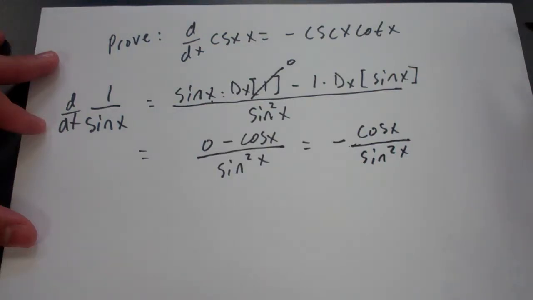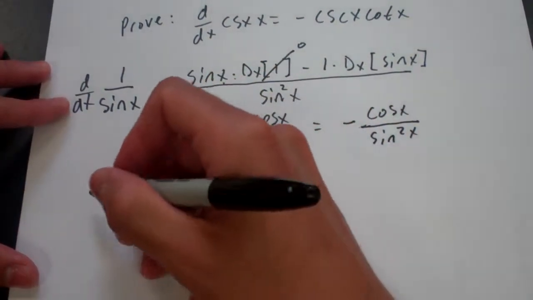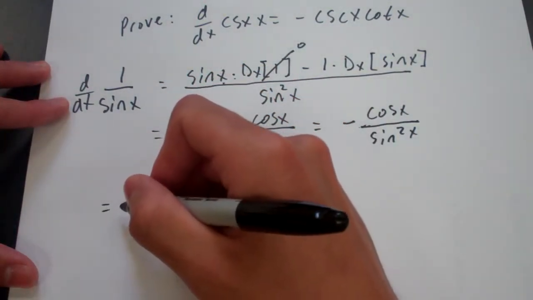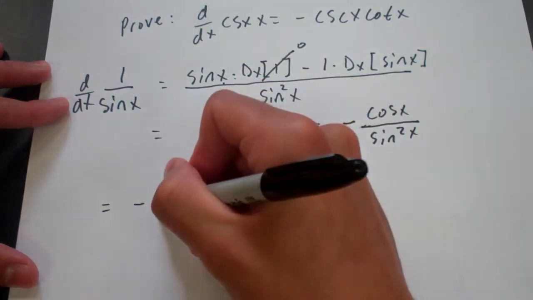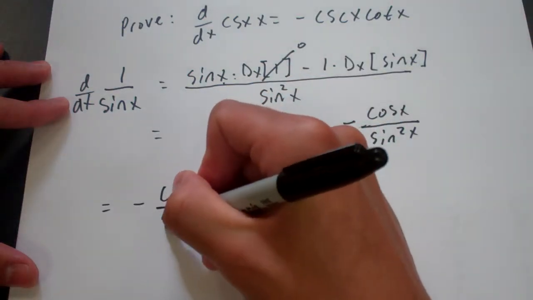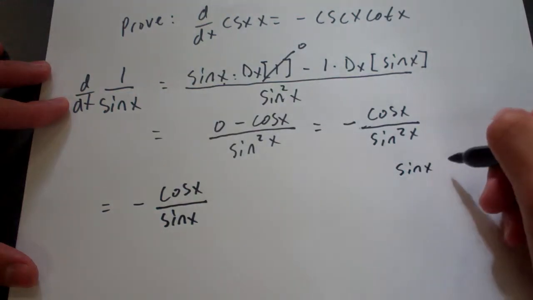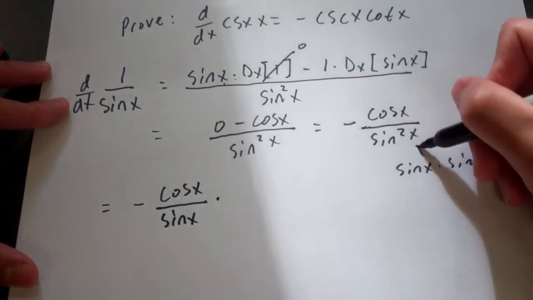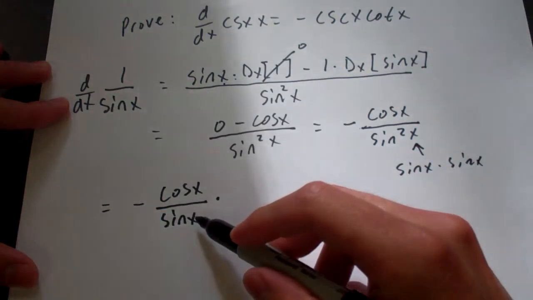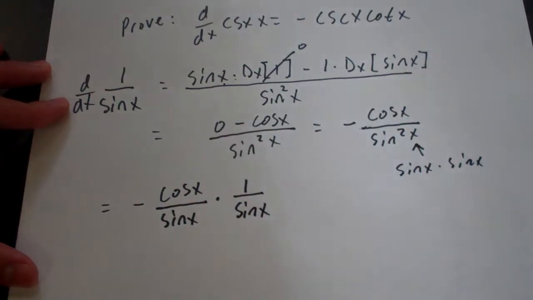Okay, and I can actually write that as negative cosine x over sine x, times 1 over sine x, right? Because sine squared x is sine x times sine x.